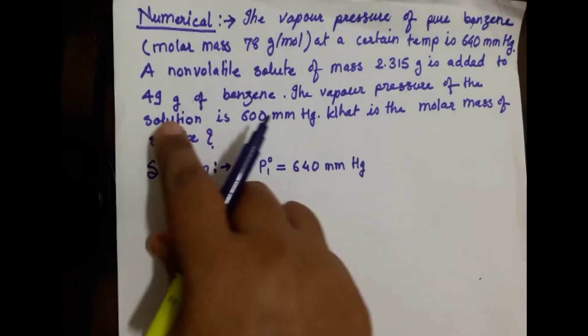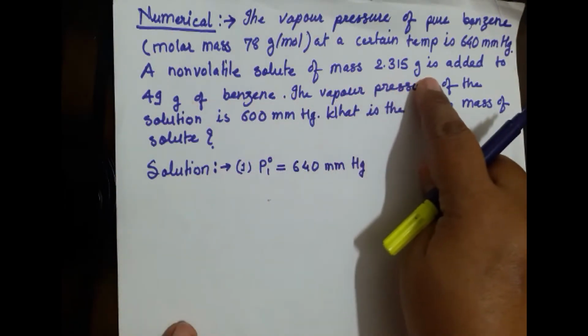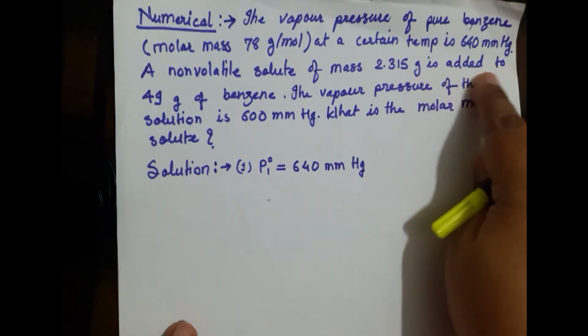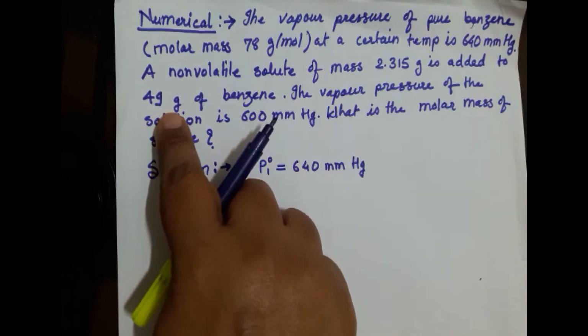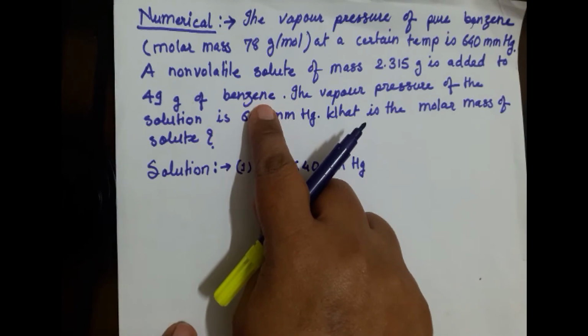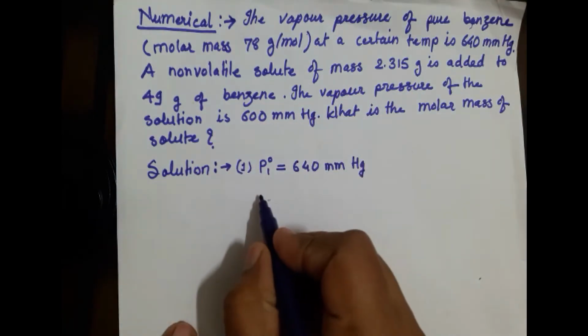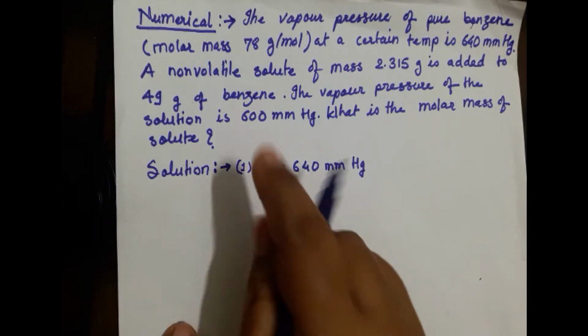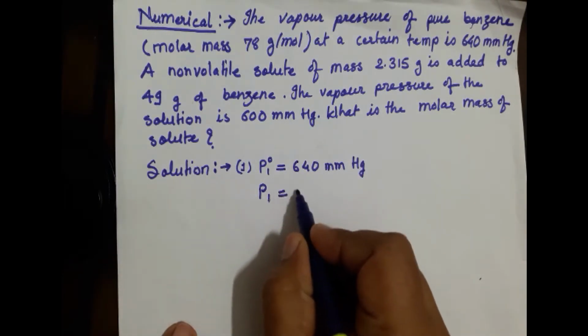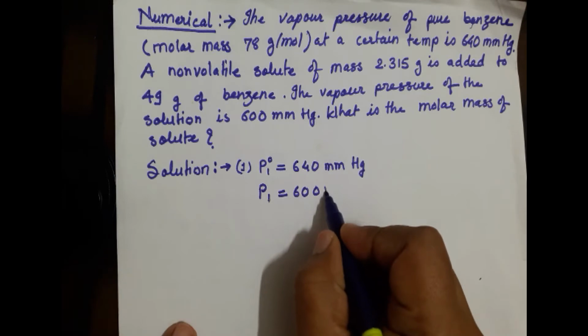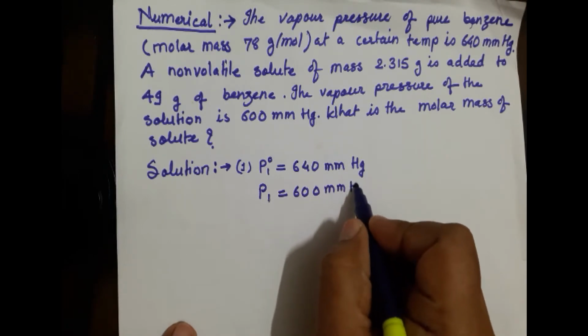Then a non-volatile solute of mass 2.315 is added to 49 gram of benzene. The vapor pressure of the solution, that is P1, is 600 millimeter Hg.